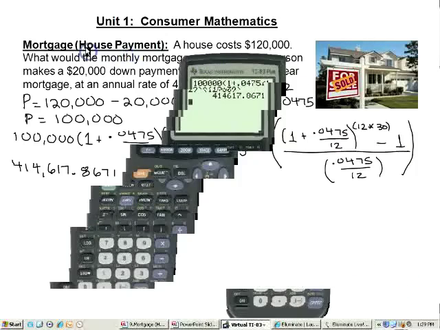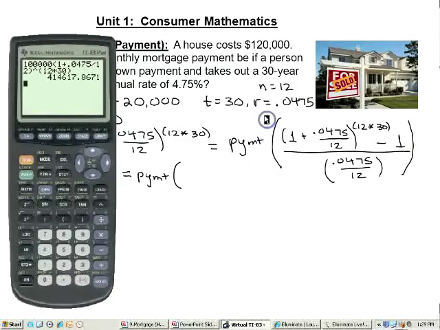times, well, let me move the calculator over here. We've got to take what payment is times and type this into our calculator. And when we did this before, we're going to type the entire numerator in, then hit enter, and then divide by the denominator. So we will have parentheses 1 plus 0.0475 divided by 12, close parentheses, raised to the parentheses 12 times 30, close parentheses, subtract 1. We've typed in the entire numerator, so we'll hit enter.